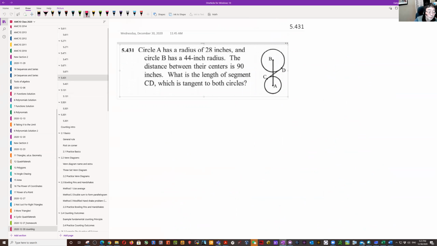So for this one, we have two circles at some distance, and we are trying to calculate the length of this tangent CD, which is tangent to both circles. With a tangent, you absolutely have to draw the radius to the tangent point.